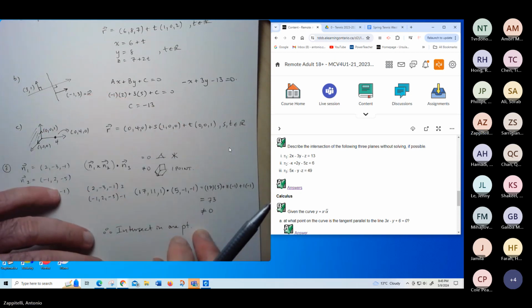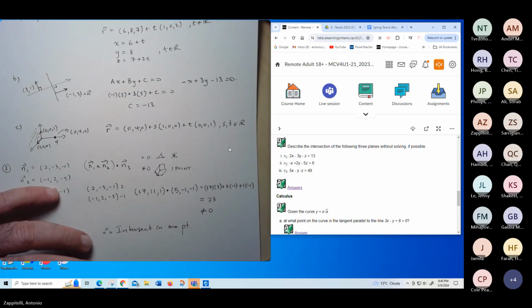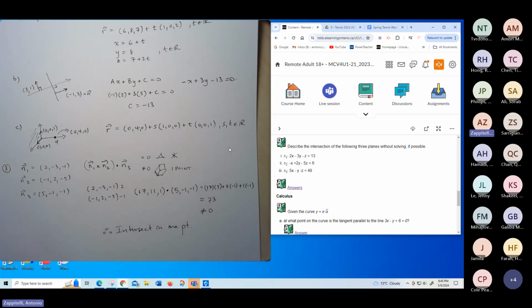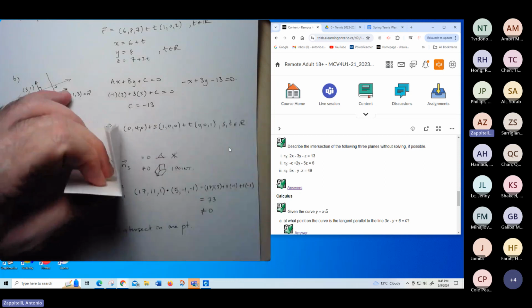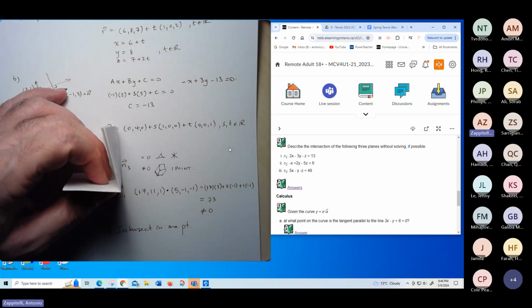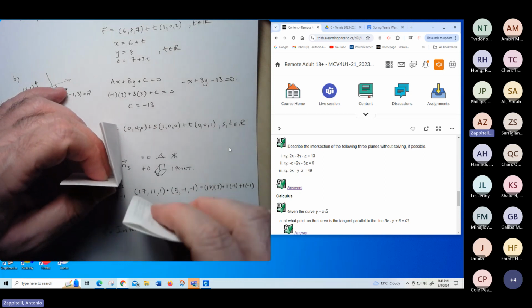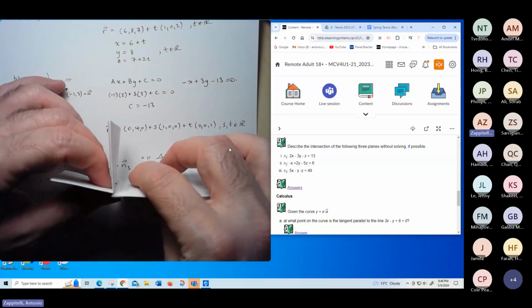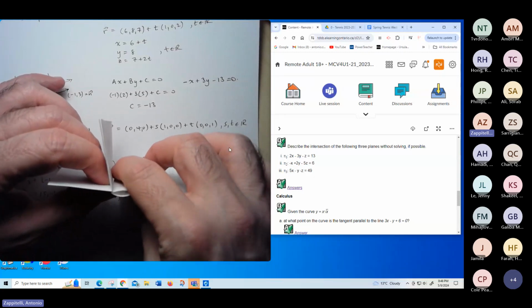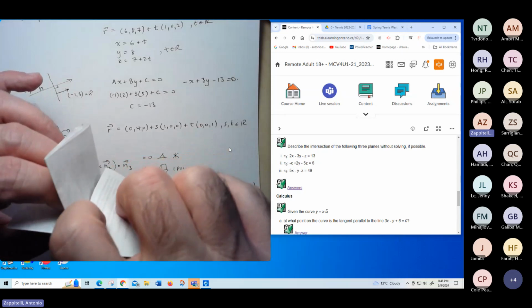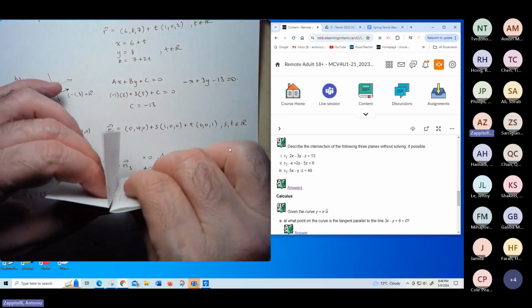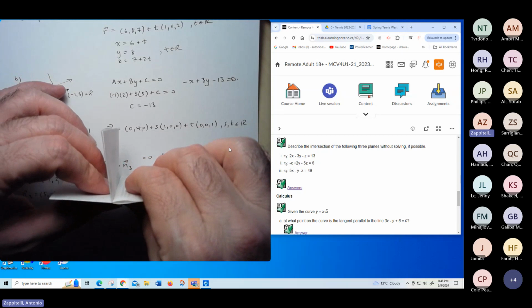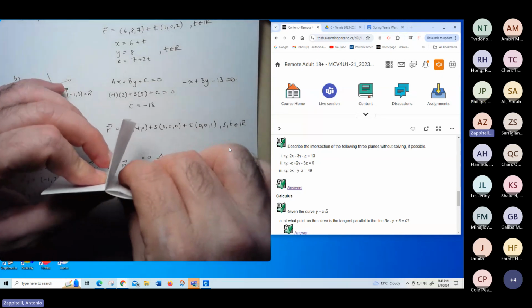Let me see if I can show it a little better like this. Imagine these are two planes, and now there's a third plane. You see how the intersection is not just a point, it's a whole line. They intersect on a whole line, all three of them. And if you were to look from above, it kind of looks like a star.